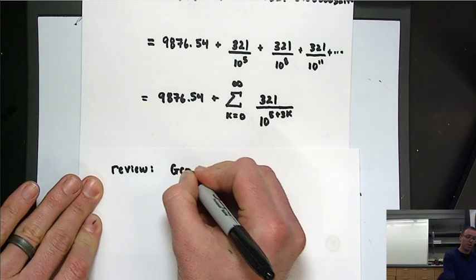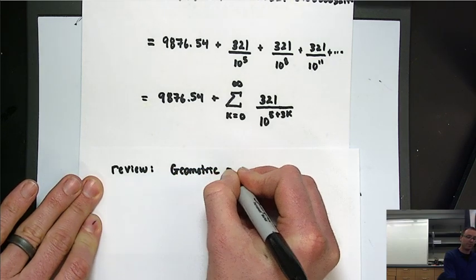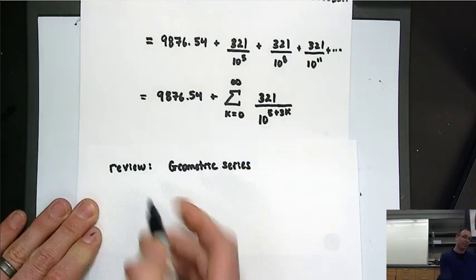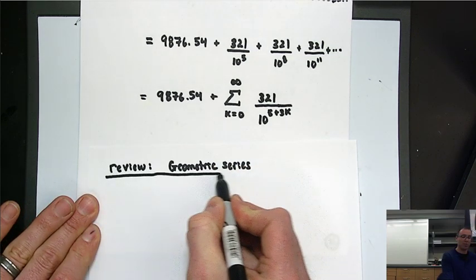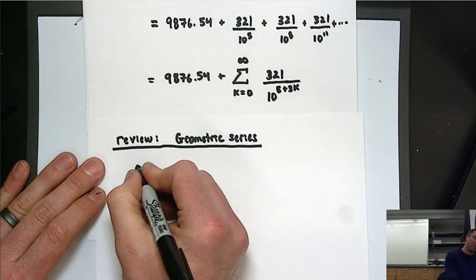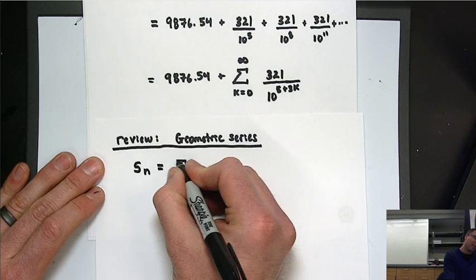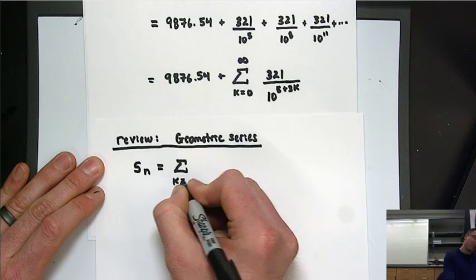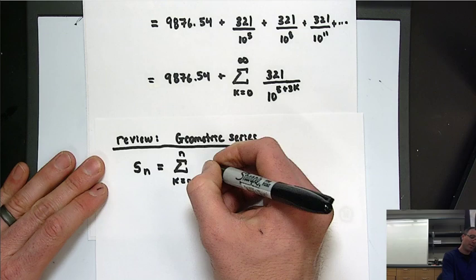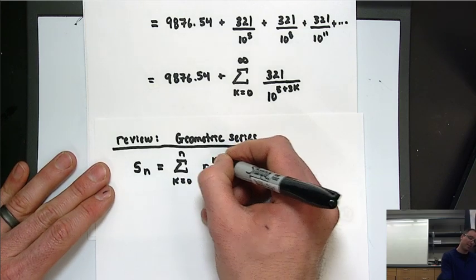We're going to call this the geometric series. This is one of the reasons why I had my students memorize this, though many of them probably have forgotten. I'd like you to sum from k goes from 0 to n, r to the k.